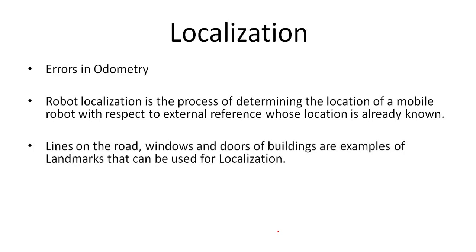Lines on the road, windows, and doors of buildings are examples of landmarks that can be used for localization. In the environment or in the map, there are always landmarks. Landmarks are distinct objects that can be recognized, and they can be used to find the location of the robot, because their own location is accurately known.